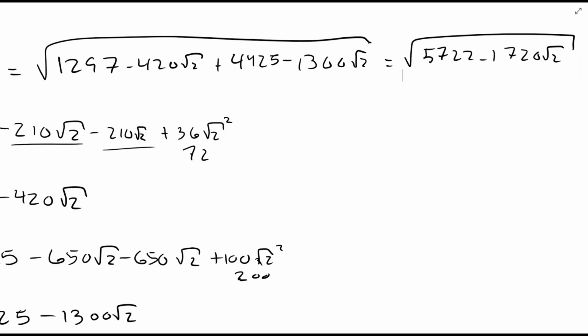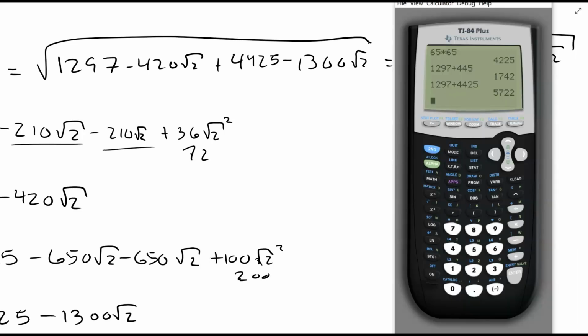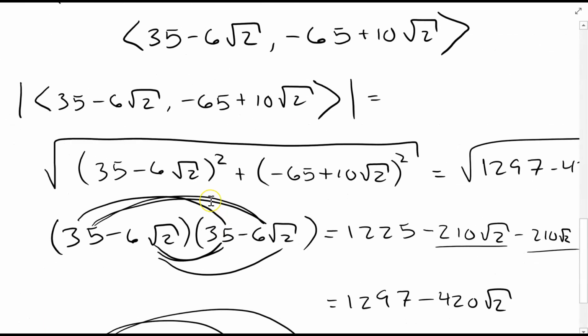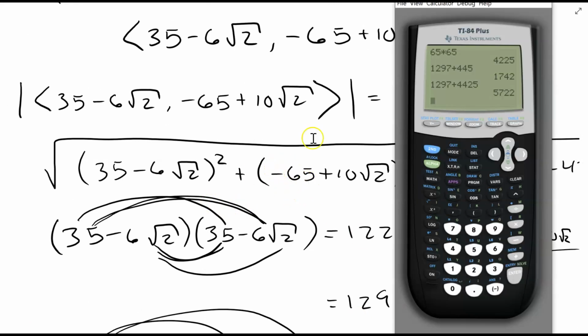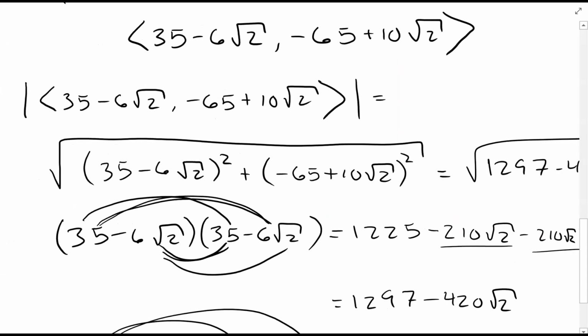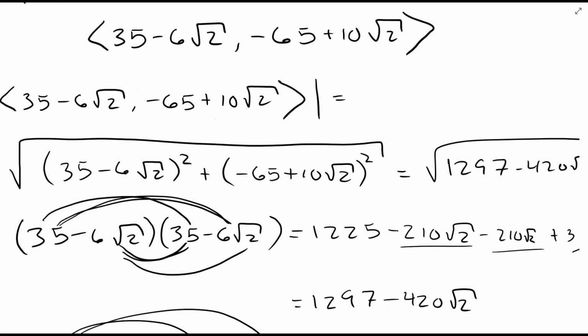Now, to be honest with you, I don't care if you gave this to me as a decimal rather than this. It's much, much easier to just have your calculator do this. So let's show you that real quick. I'm just going to type this into my calculator.